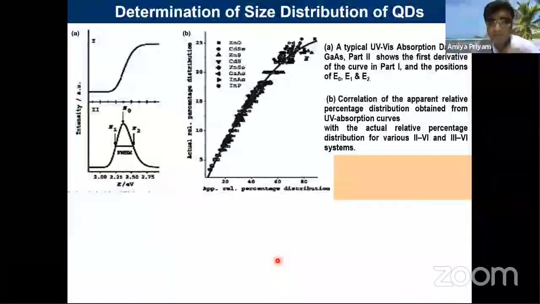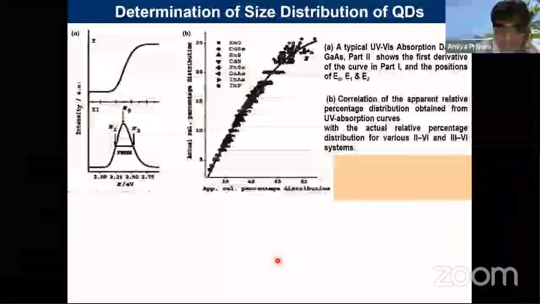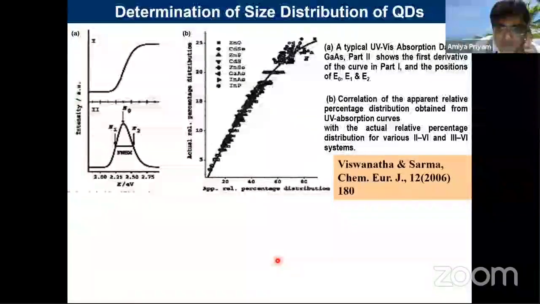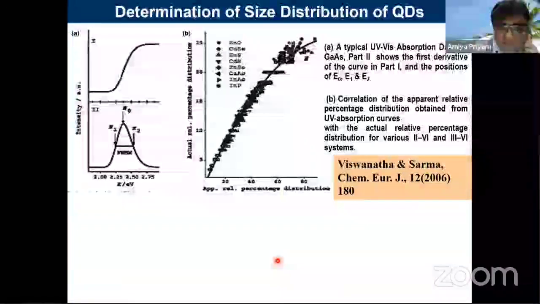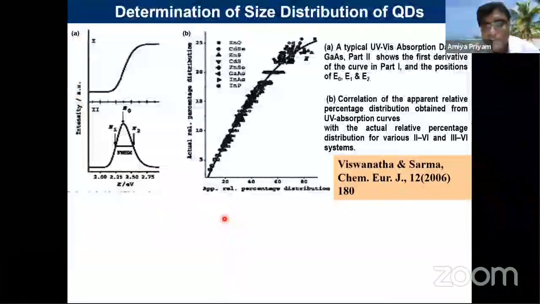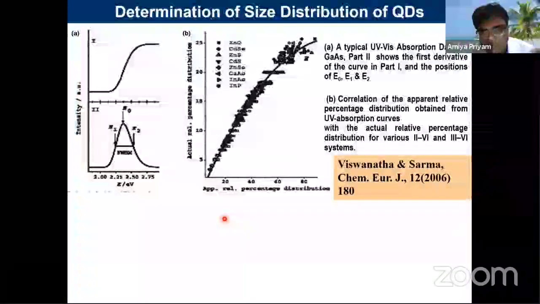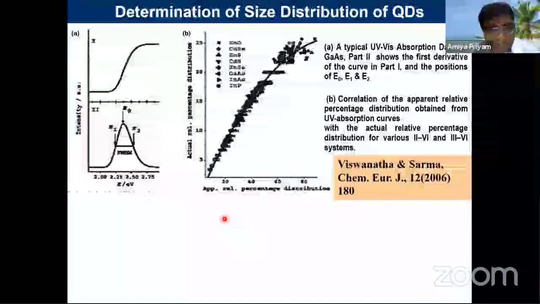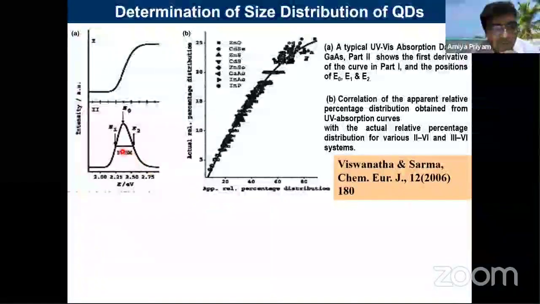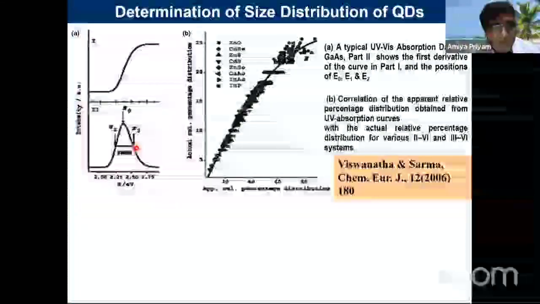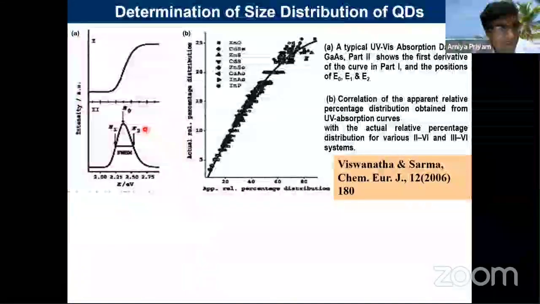There is also a way that was suggested by Professor D.D. Sharma and group, that we can also determine size distribution based on this, because in a given sample you have an ensemble of particles of slightly different sizes. So there will be a distribution of particle sizes and also a distribution of band gaps.